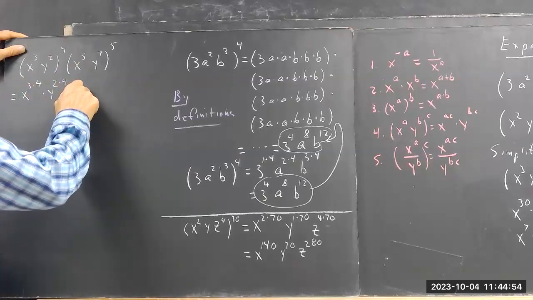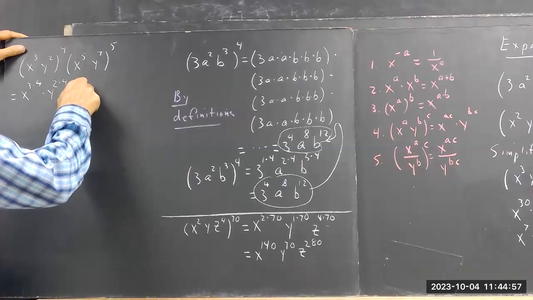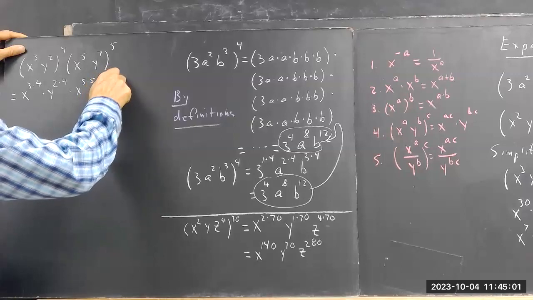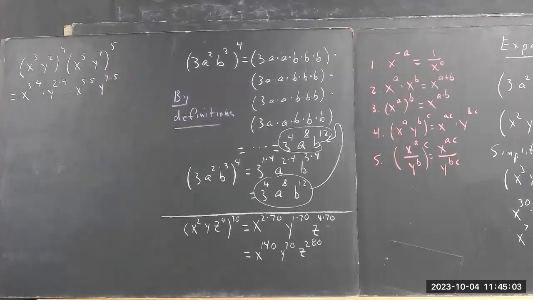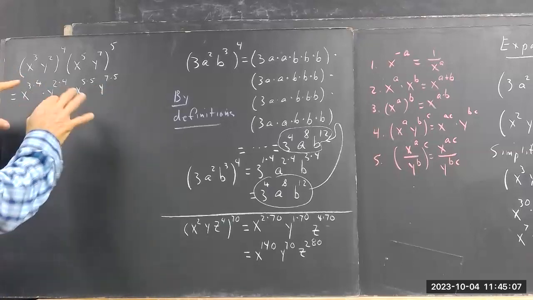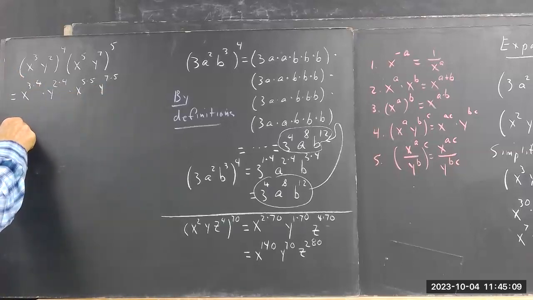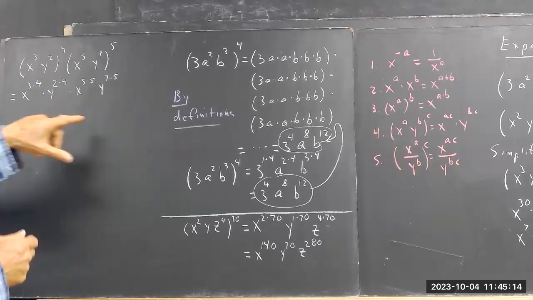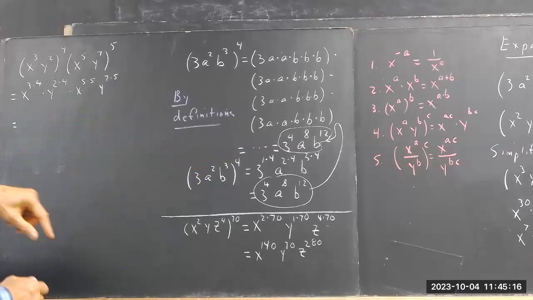And then this is x to the 5 times 5, y to the 7 times 5. Okay? And that's how you worked it out. You didn't exactly write it out this way, but it worked. Make sure we understand how the rule tells us this.